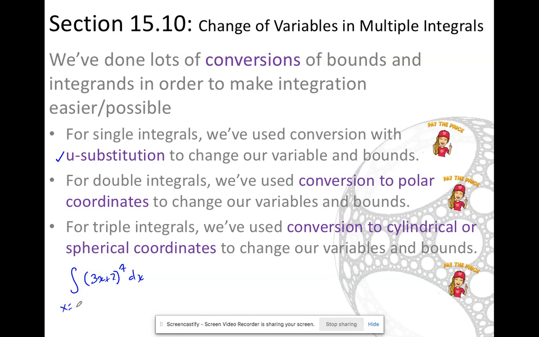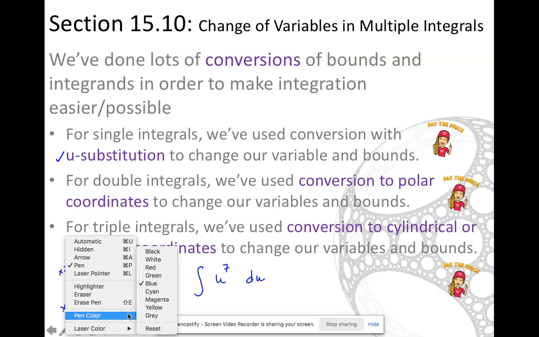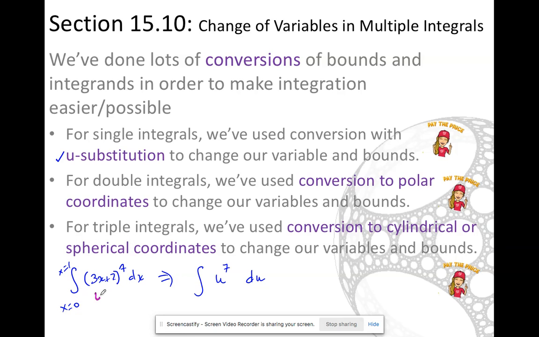Let's pretend I did this from x equals 0 to x equals 1. Well, if we transform this x equation into a u equation that's much easier to integrate, right? So you said, well, u is equal to 3x + 2. So there was your u, and then both of them to the 7th.